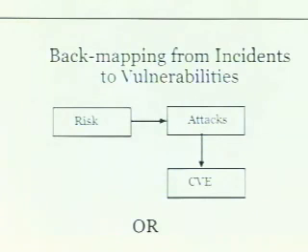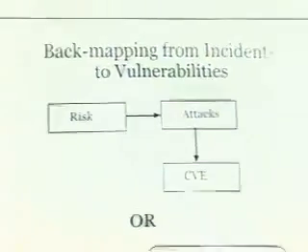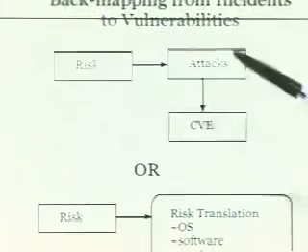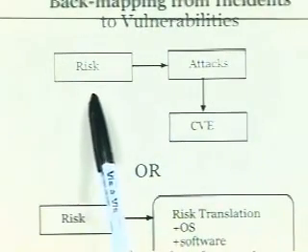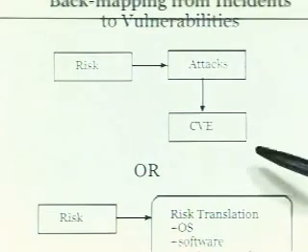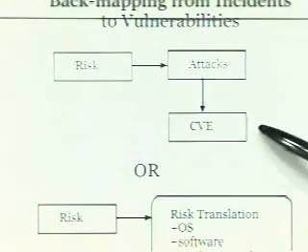Okay, so you've got an incident and you've worked out what happened a little bit during the incident, and you want to find out what was the vulnerability that was used, to plug it in, to close the hole. So there are two ways that you can do it with this incident response database. The first one is, if you know the risk, then you can query the database for the types of attacks, and from the types of attacks, then you can get CVE entries.